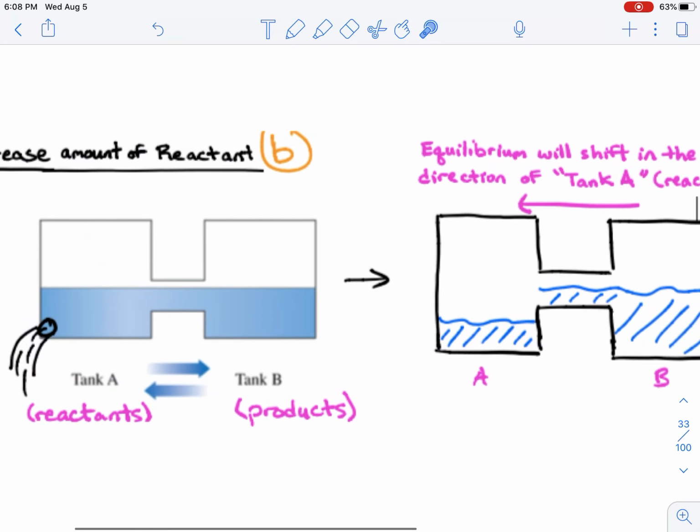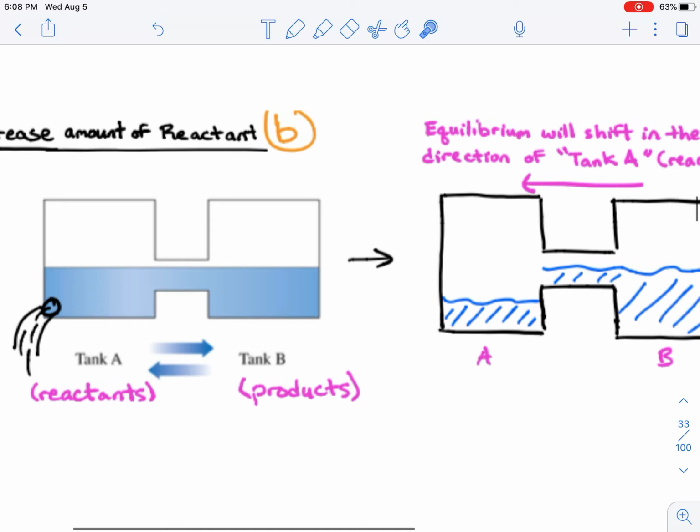And so let's go ahead and redo this analogy with respect to a chemical reaction.